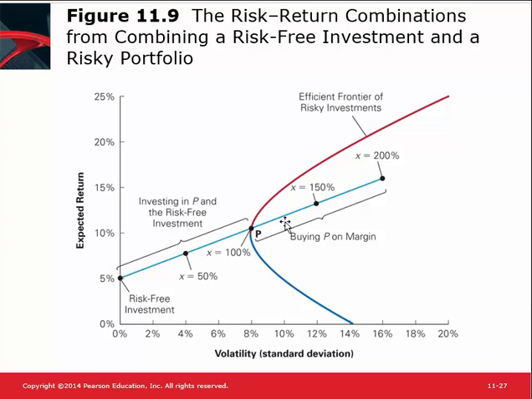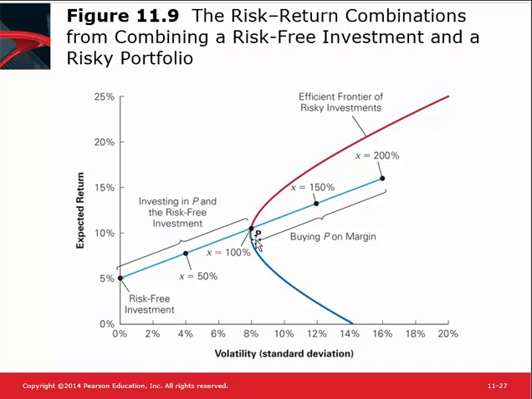Once you go beyond P, though, we are now borrowing at the risk-free rate and taking those borrowed dollars and purchasing more of asset P. So everything along here is the risk-return relationship between the risk-free asset and a portfolio that we've chosen, which is P.